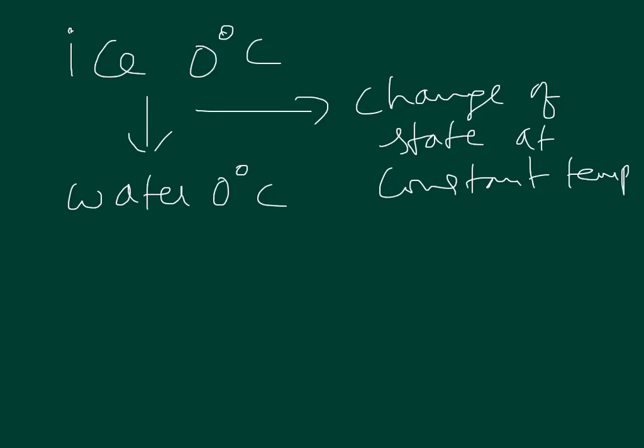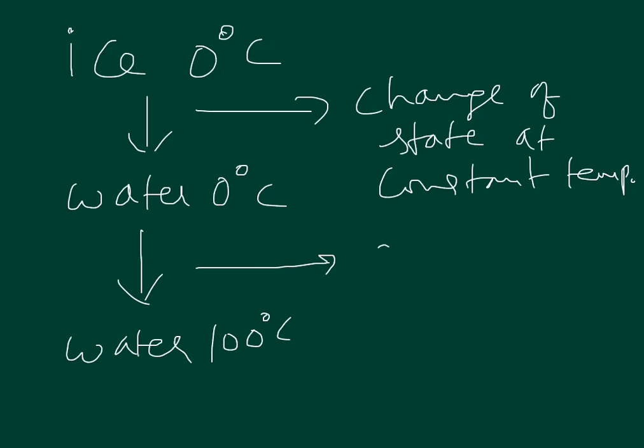Next, from water at 0 degrees centigrade to water at 100 degrees centigrade, I am raising the temperature. Here it is the same state, water only, and the temperature changes.